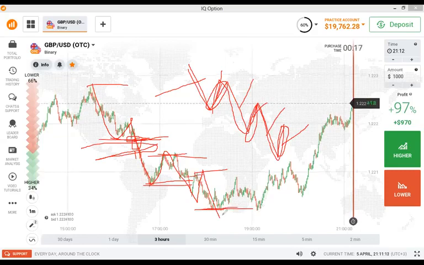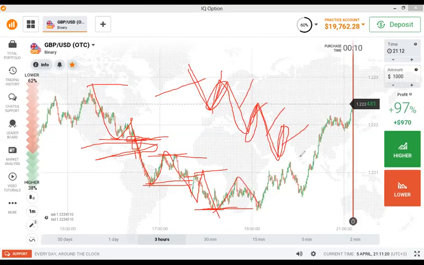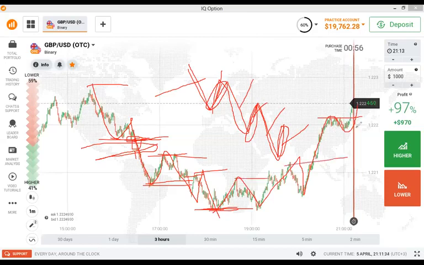Like here, for the buyers, corrective move, retracement move, corrective, retracement, corrective. So here, start of the trend, then middle of the trend, middle of the trend.